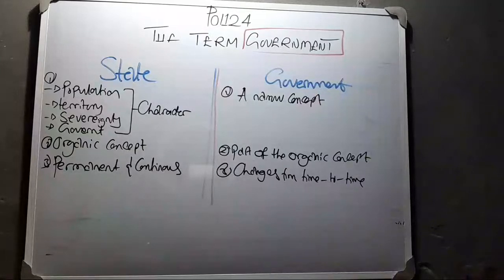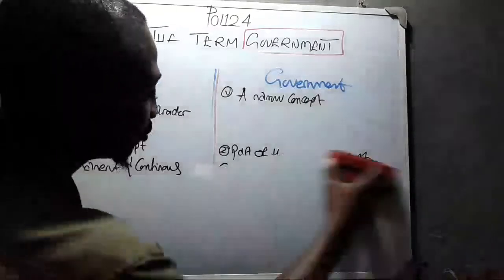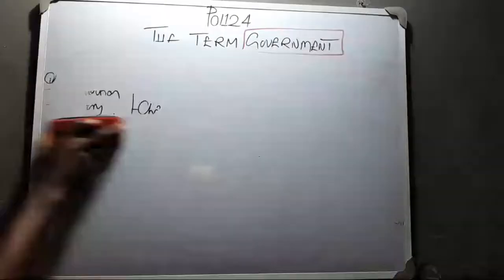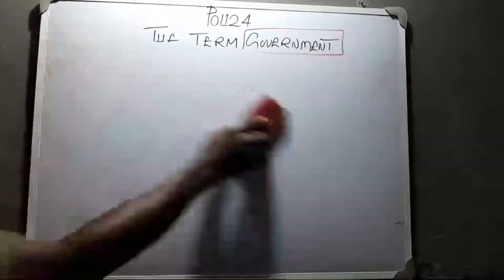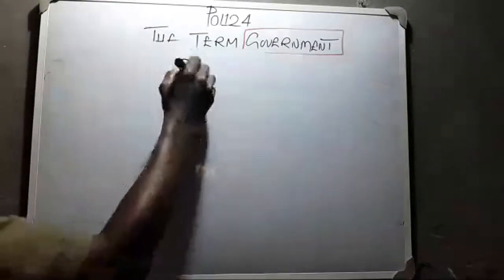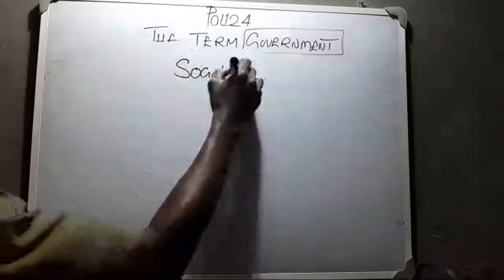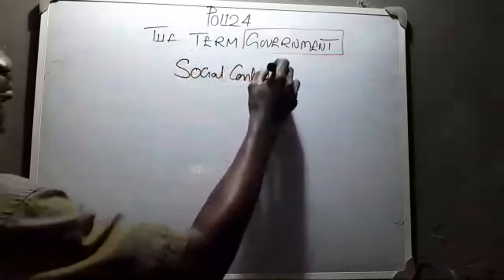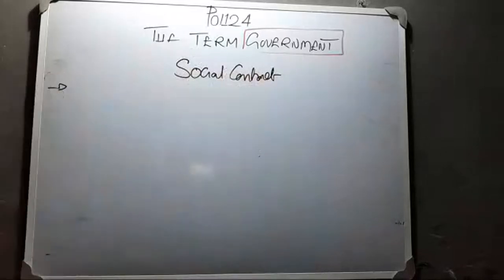Now let's take what we call social contract. What do you understand by the word social contract? Now, as articulated by who? Thomas Hobbes.